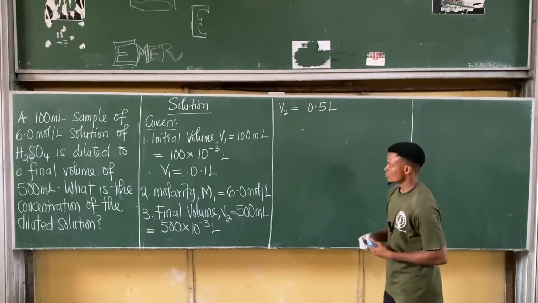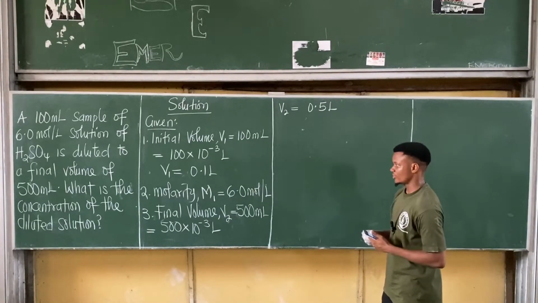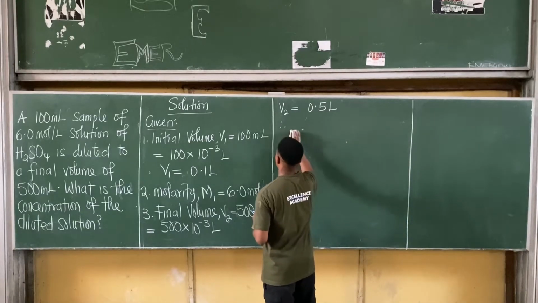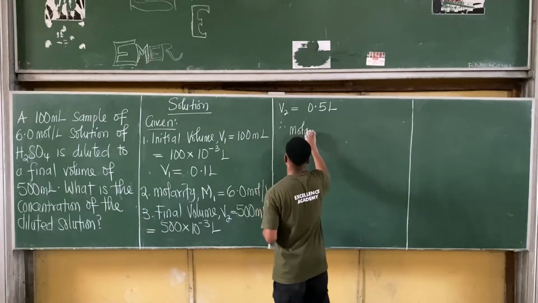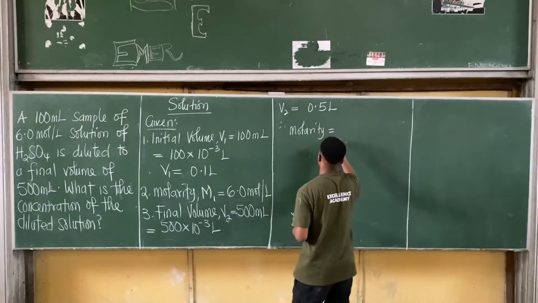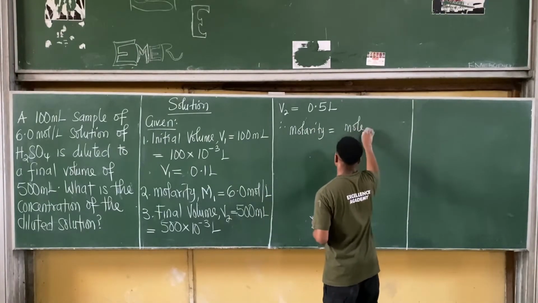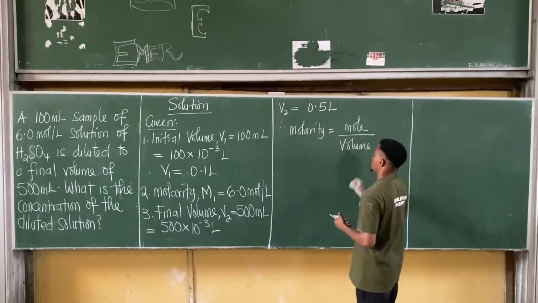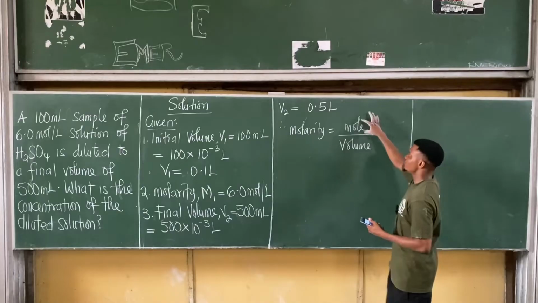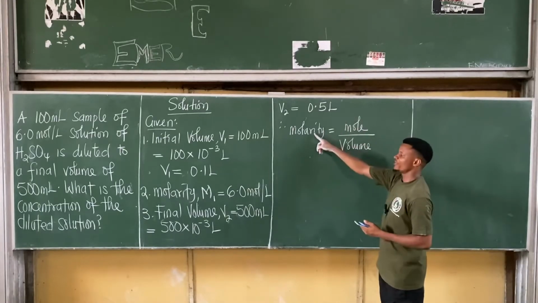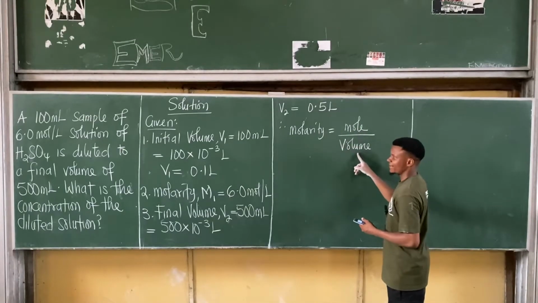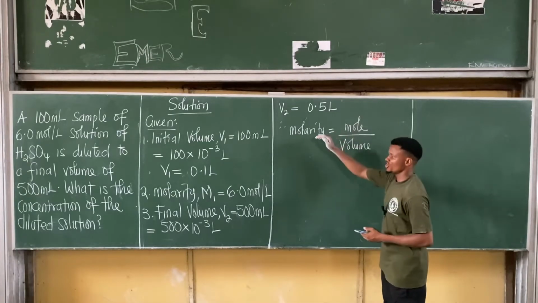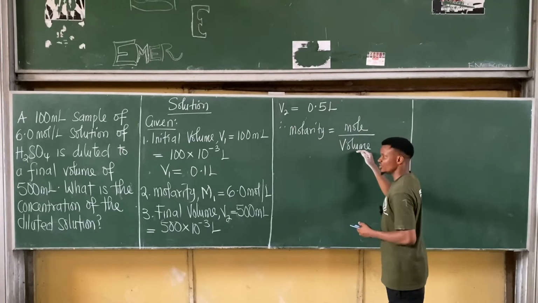All right. With this now, we can solve this question. How do we solve this question? Recall the formula that molarity is equal to mole all over volume. So my task will now be to find the mole using the initial molarity and the initial volume.